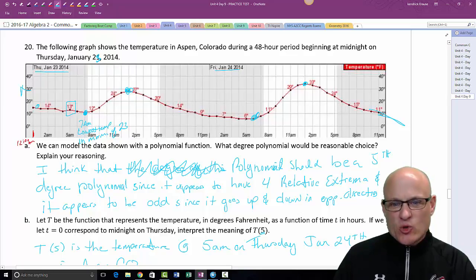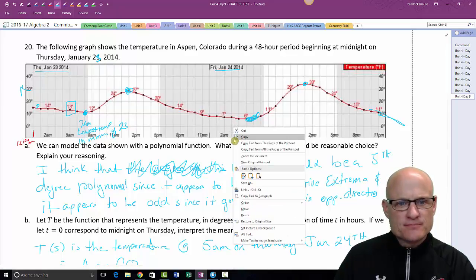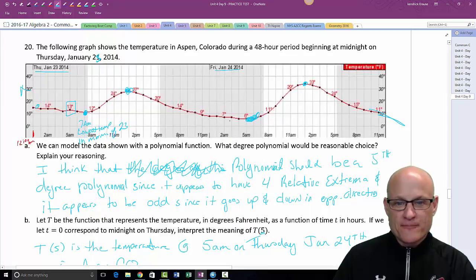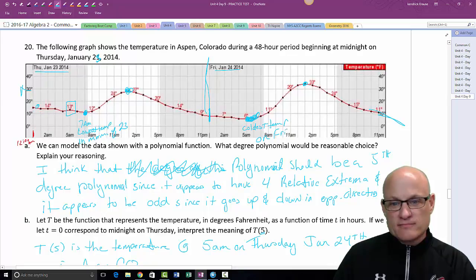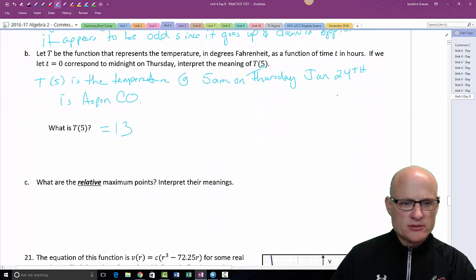And it had its coolest temperature down here at like 5 a.m. Actually, the coolest temperature of the whole day. So this represents midnight on this day, right? So this represents the coldest temp on Friday, the 24th. Did it say relative extrema?